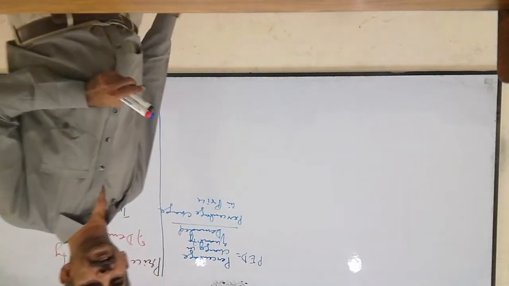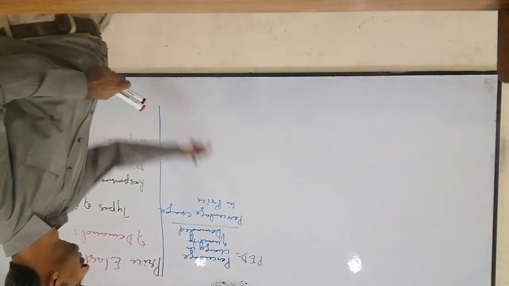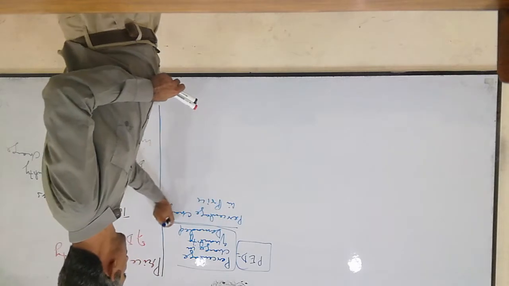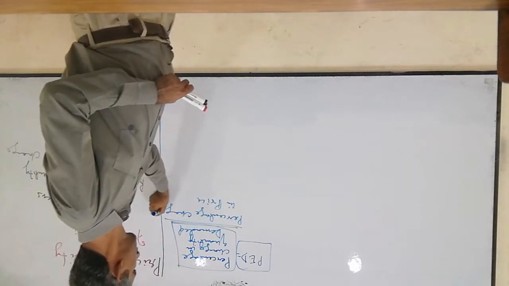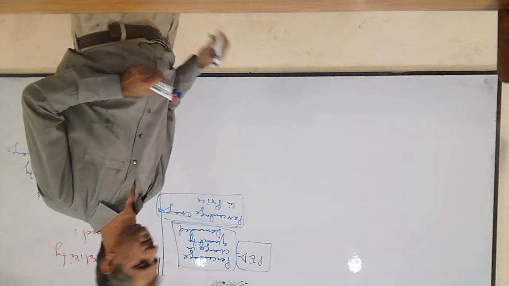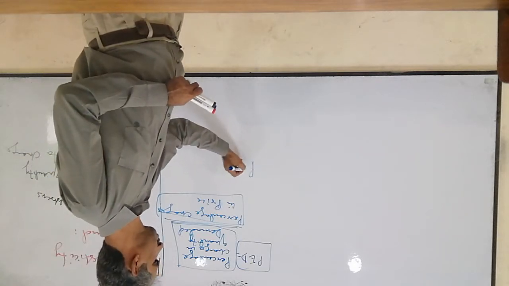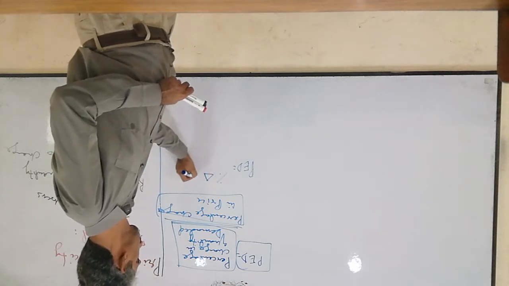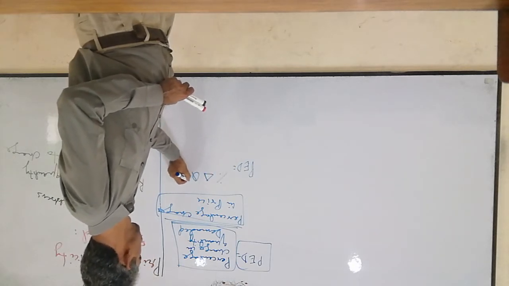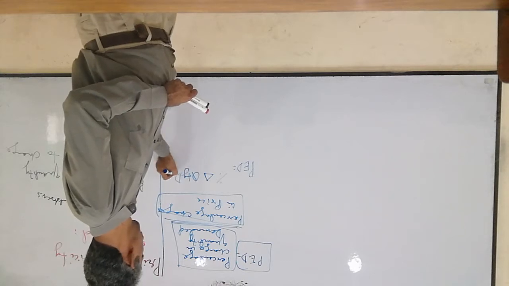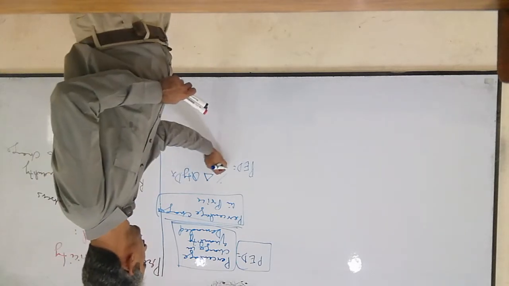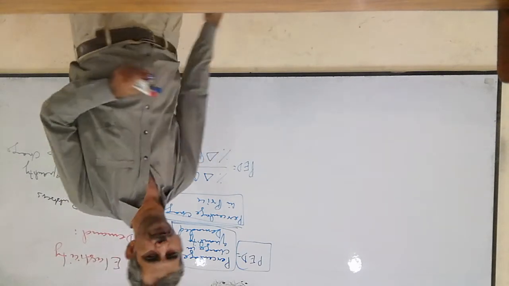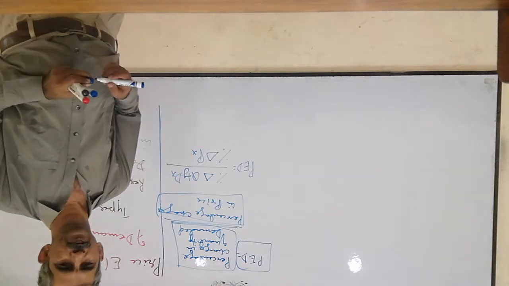Whenever we calculate the price elasticity of demand, we need the percentage change in the quantity demanded and the percentage change in the prices. In other terms, the price elasticity of demand is the percentage change in quantity demanded of X or any good divided by the percentage change in price of that good. This is the formula we need to solve.